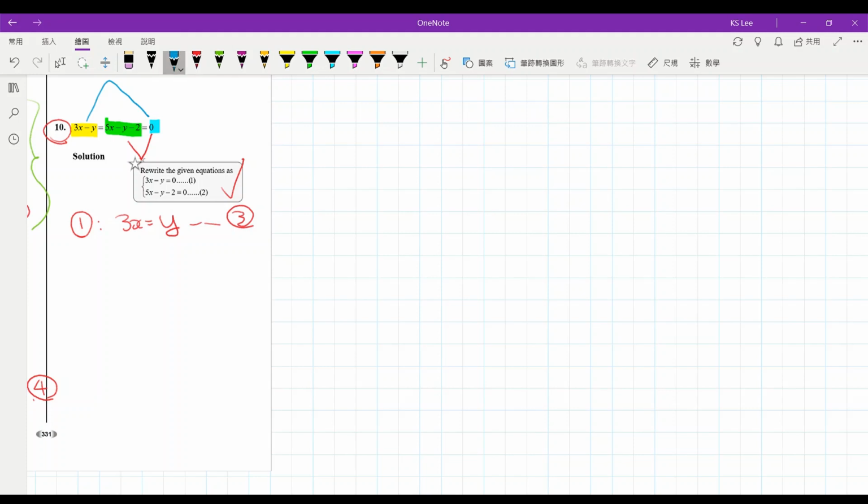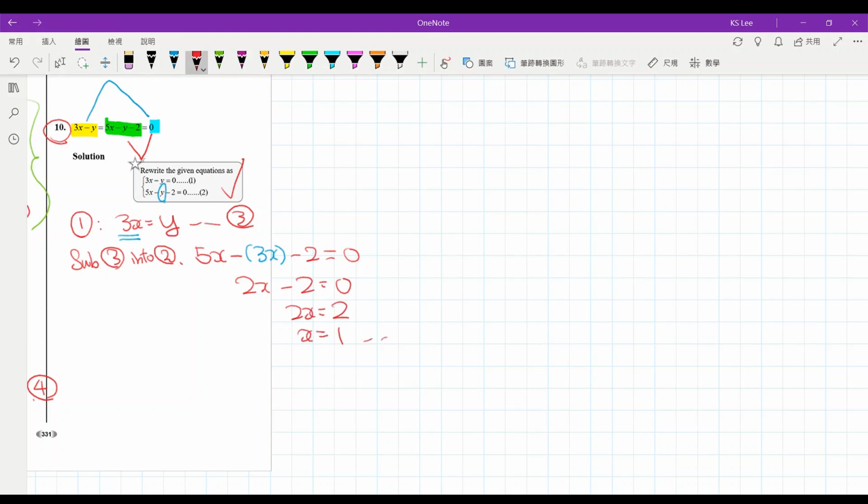So we have the y to be a subject here, and we are going to substitute this 3x into the second equation. And therefore, we know the value of x is 1.